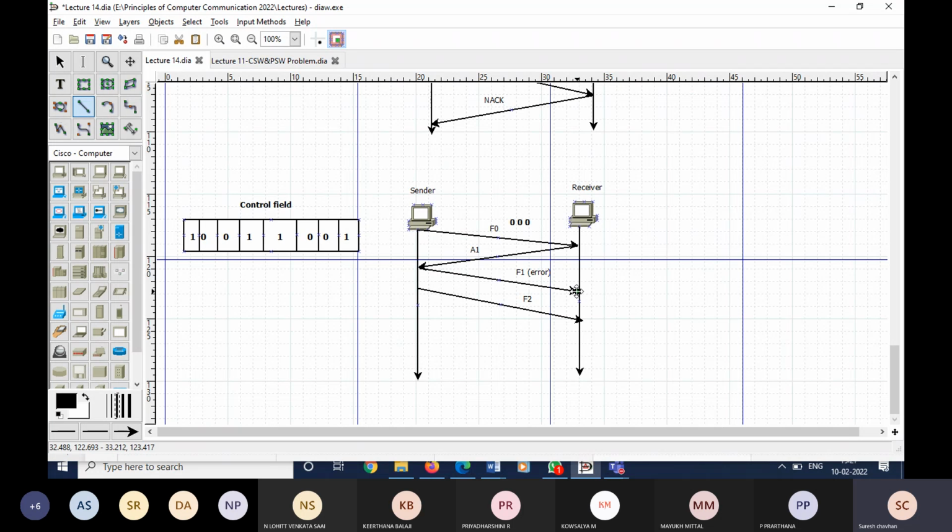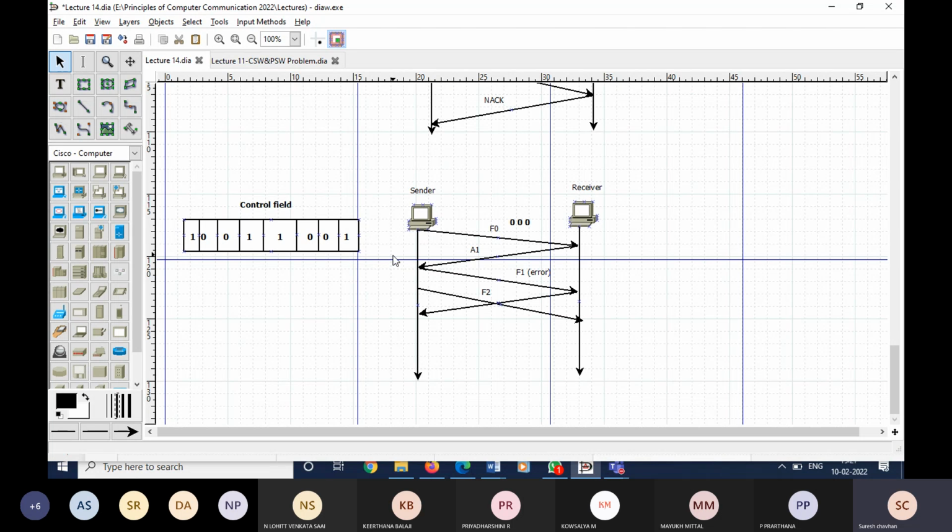Anyway, the acknowledgement will be coming back here. So it's not a stop and wait protocol, because stop and wait protocol will be used only for 1 bit, 0 or 1. Here I'll be using more than that, right?